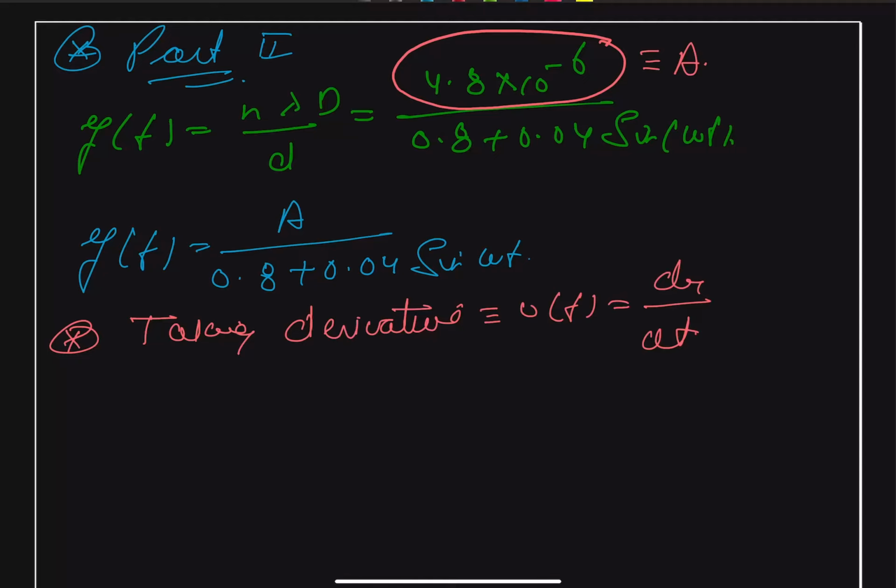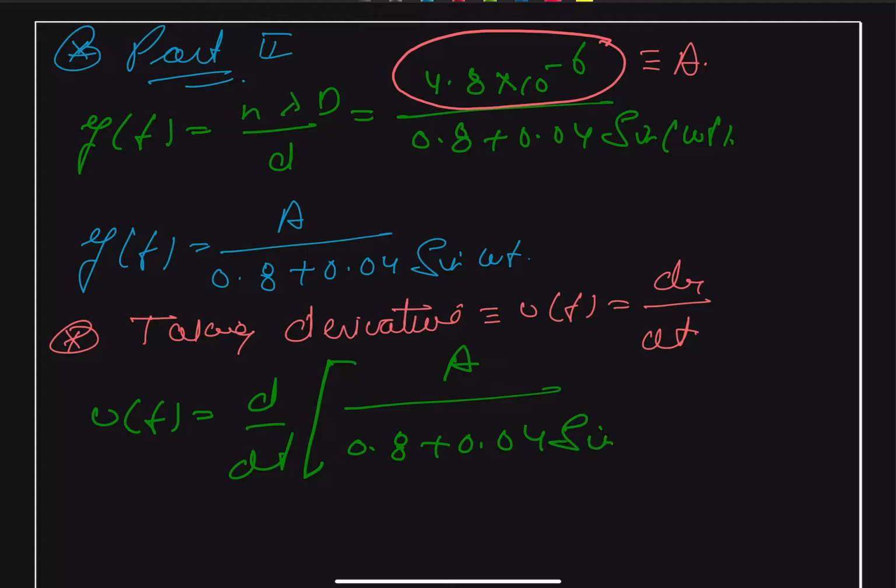So v of t is equal to d by dt of a divided by 0.8 plus 0.04 sine of omega t.